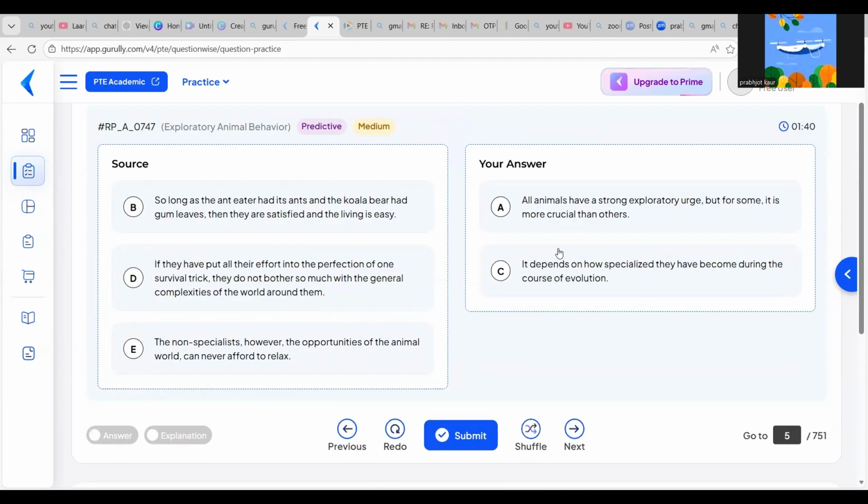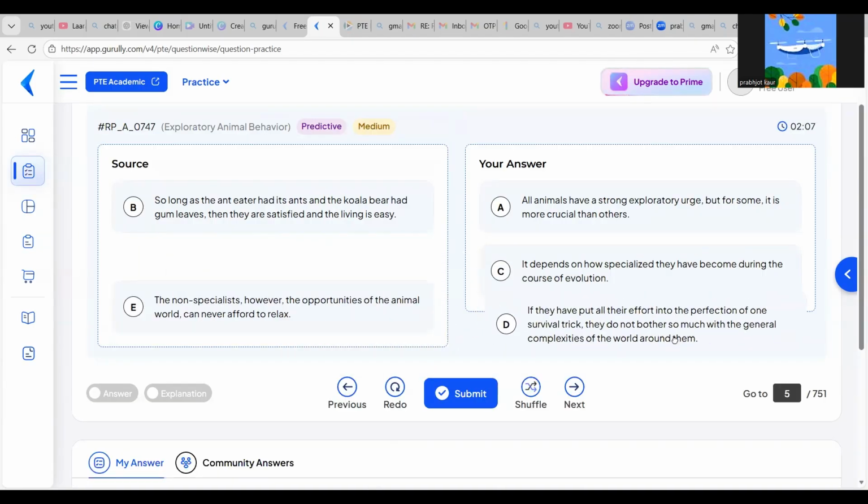Then I will explain how. So, if they have put all their efforts into the perfection of one survival trick, they do not bother so much with the general complexities of the world around them. After that, this one.